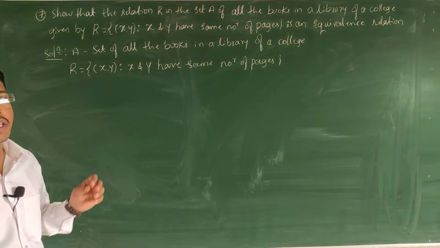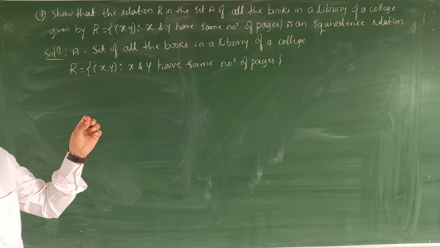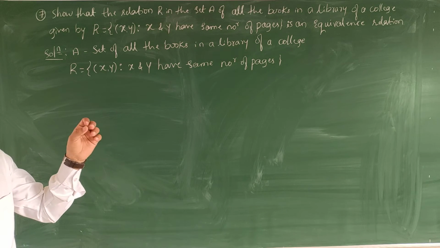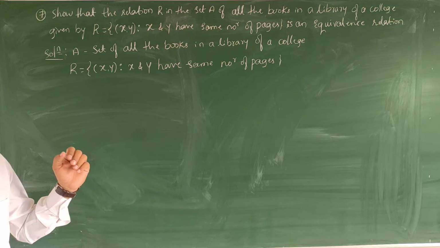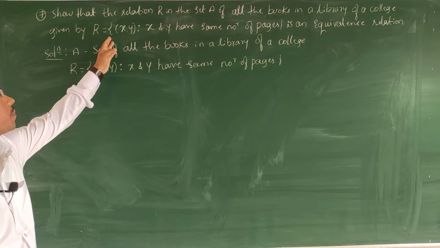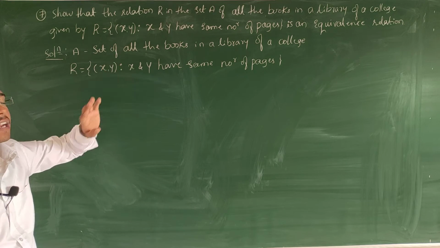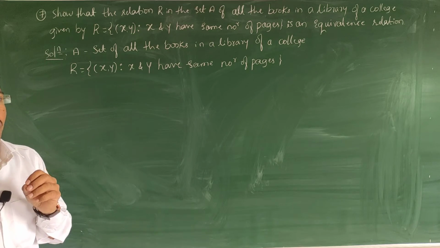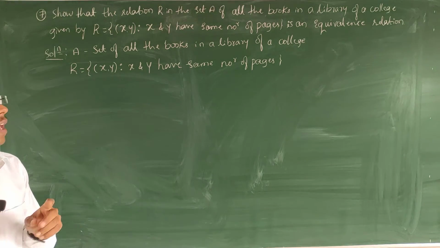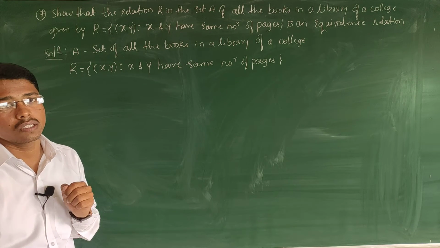Show that the relation R in the set A of all the books in a library of a college, given by R is equal to the ordered pair X, Y such that books X and Y have the same number of pages, is an equivalence relation.